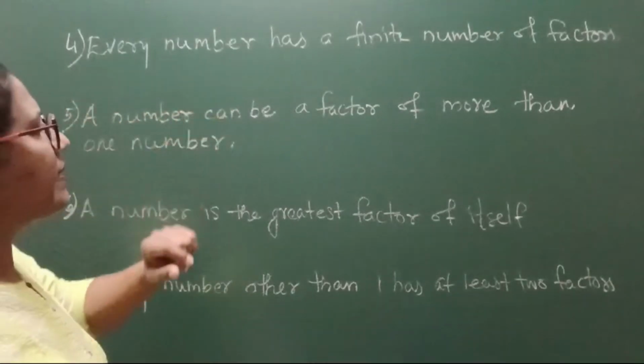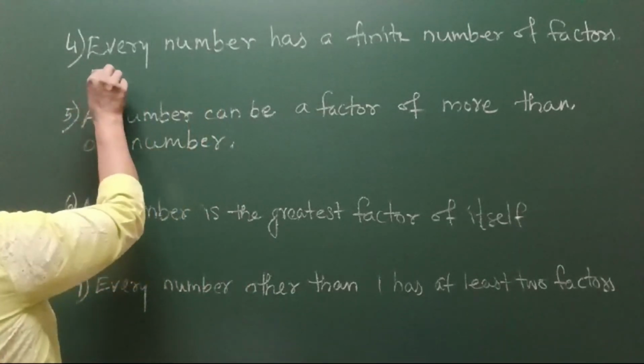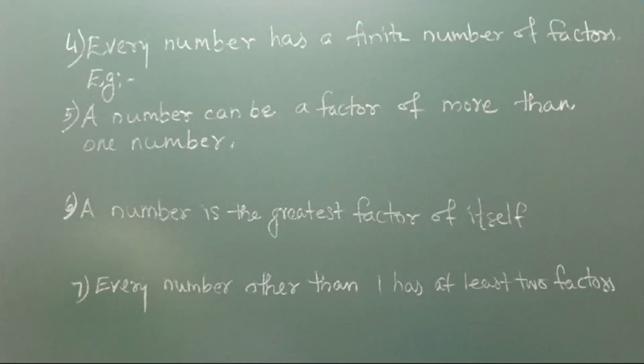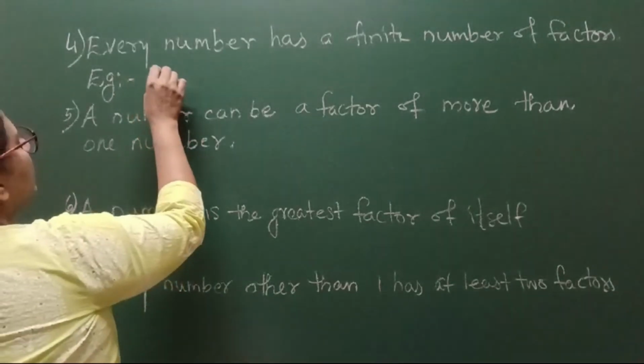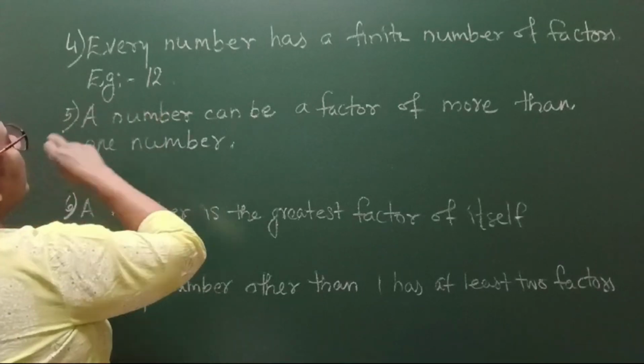Every number has a finite number of factors. Example, the factors of 12. This 12 is a number.